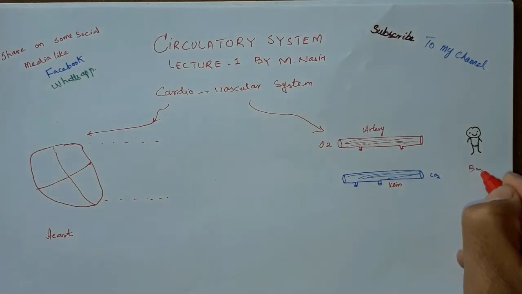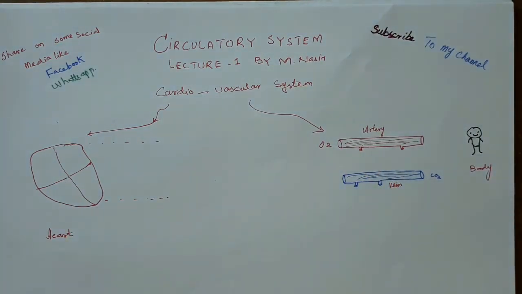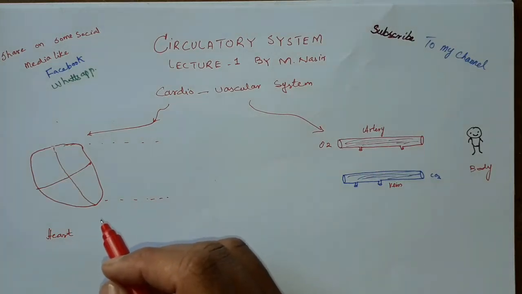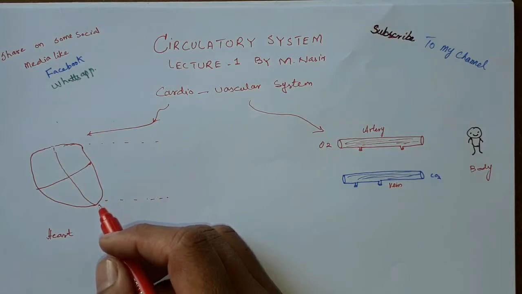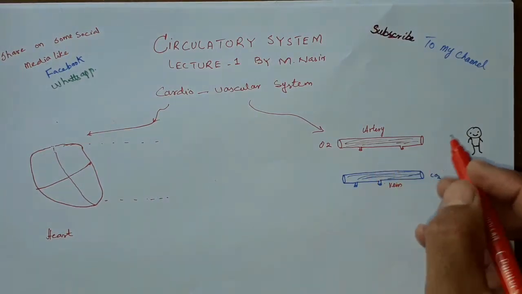For example, this is the human body. These are the arteries, veins and heart. The heart pumps blood to all parts of the body, and blood vessels carry blood to the body.